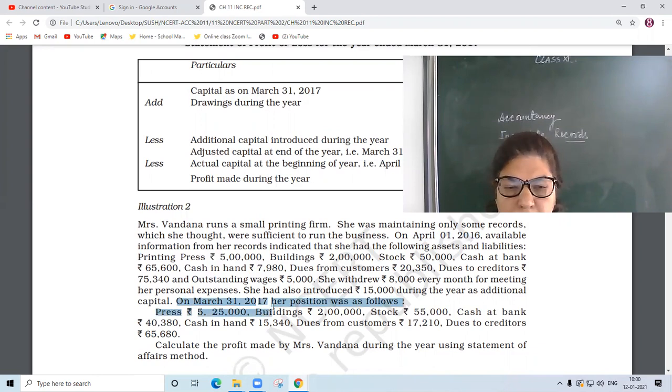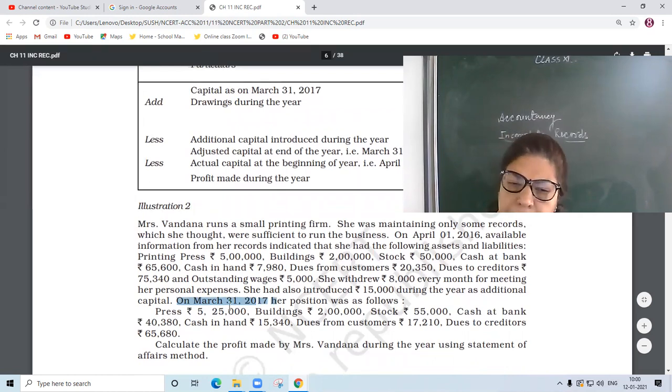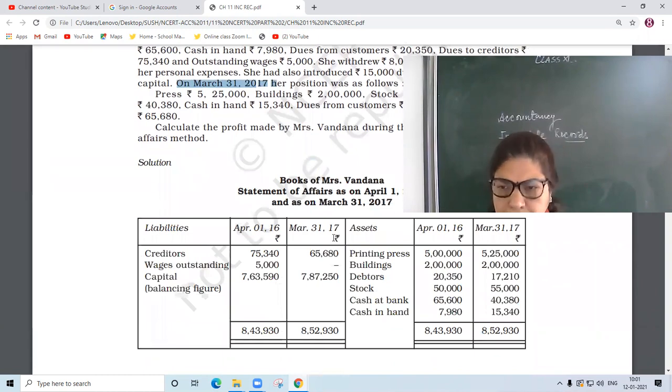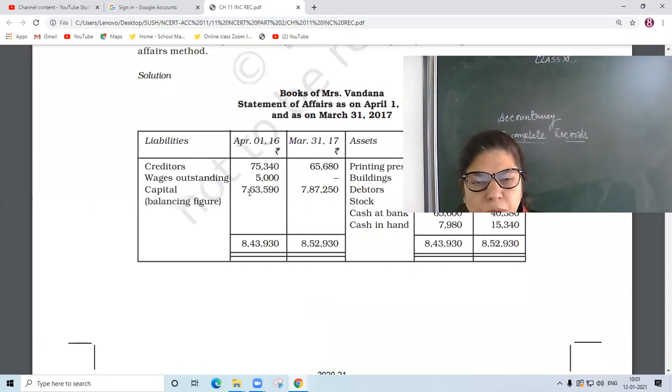On 31st March, the position is given, so we have to make another statement of affairs for closing capital. Okay, for opening separate, for closing separate, then we will come to know about opening capital and closing capital.